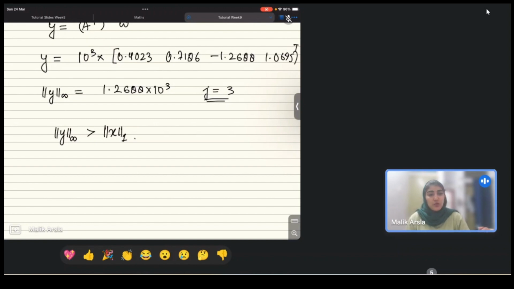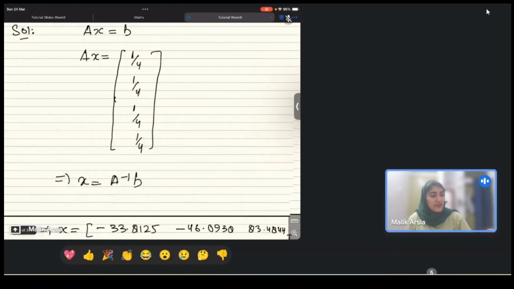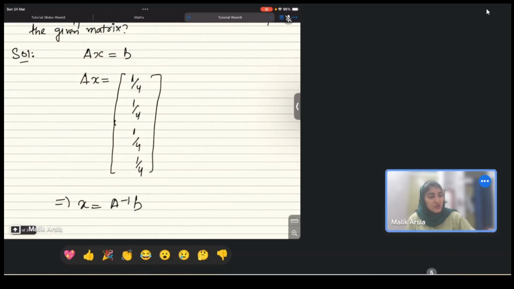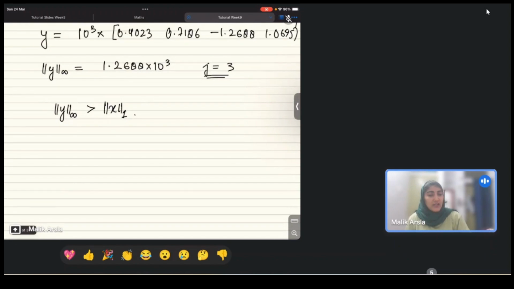We will continue to the next step and redefine our guess, because we had initially taken it as 1 by 4, 1 by 4. Had the infinity norm of y been less than or equal to the one norm of x, we would stop and assume that this is the norm of A inverse.